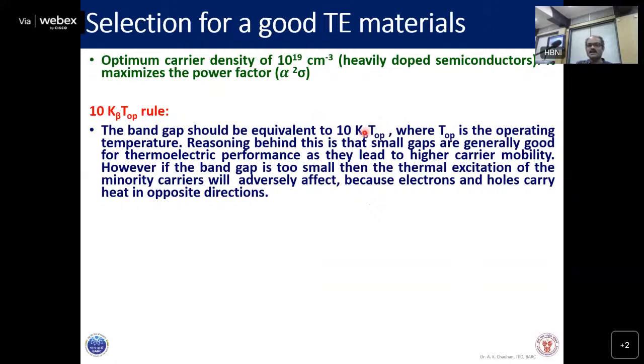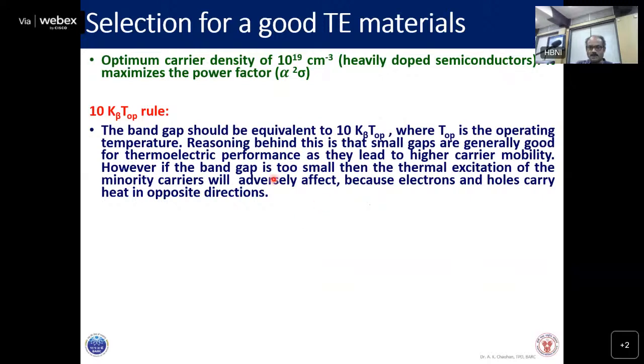If you have a material with this band gap, it should behave in the best way. So one is a carrier concentration of about 10 to the power 19, and next, the band gap of the material should be nearly 10 kT.